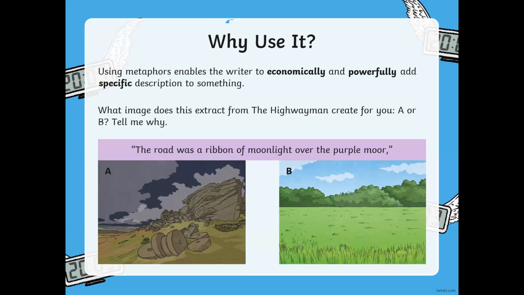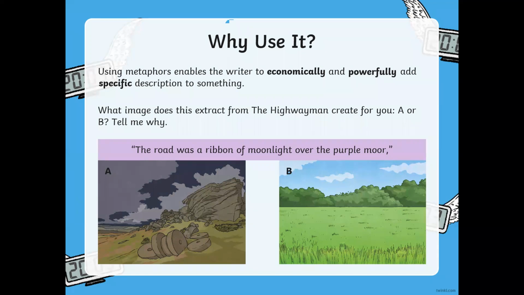Exactly. Okay. So the two things that are being compared here is the road, right? And the ribbon of moonlight. Now, when they say ribbon of moonlight, obviously they're talking about when you are in an area, the area is so dark, the only light that you have is the moon. Anyone ever been in an area like that? Yes, sir.